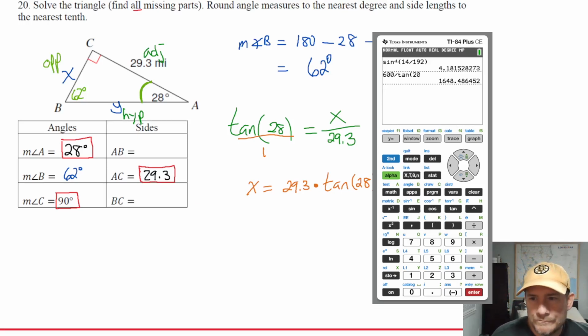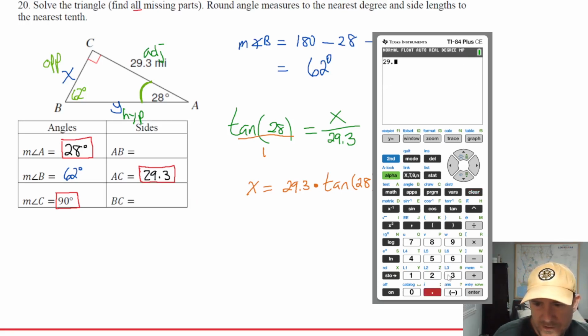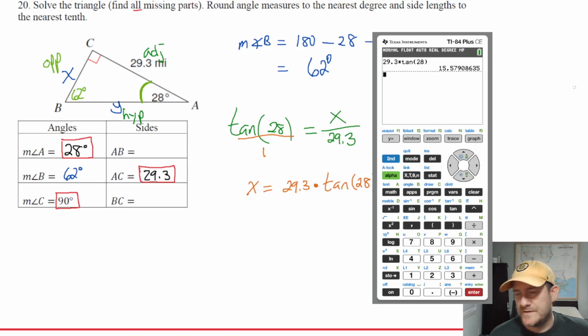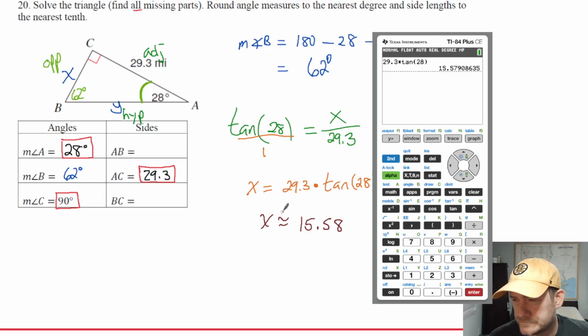So again, just type in what you need. 29.3 times tangent 28. And that's it. 15.58 it looks like to me. Okay, so that's x, which is BC. We'll put that down there. 15.58.